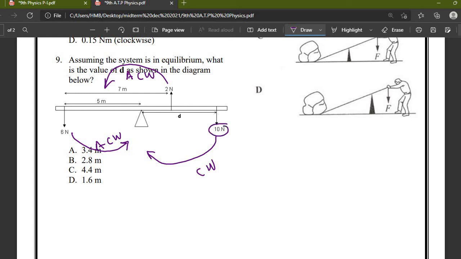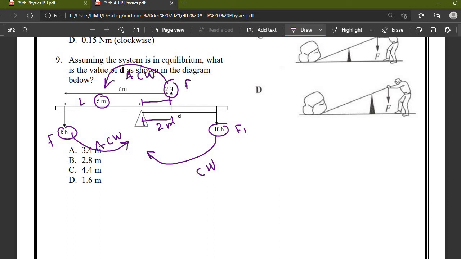So let's say this is F1 and this is its moment arm. Similarly, this is F2 and its moment arm will be equal to 2 meters, because this is 5 and this is 7. 7 minus 5 will be equal to this distance, that is 2, and this is the force and this is its moment arm L. So we have two anti-clockwise torques.